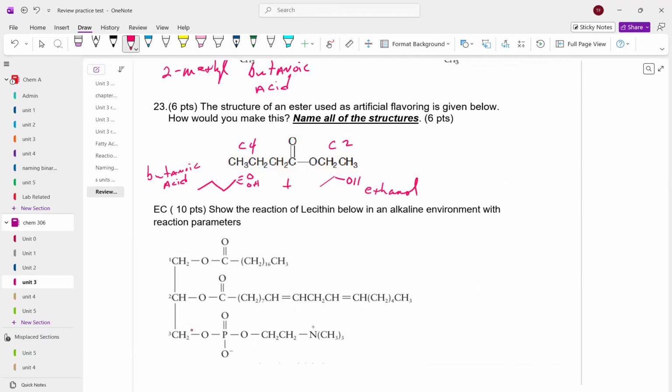A lab I used to do up at Tacoma, we would do an ester lab. And we make all this stuff. We made oil of wintergreen. Oil of wintergreen is you start with butanoic acid plus methanol. Butanoic acid smells truly awful. That's what cow patties smell like because of butanoic acid.